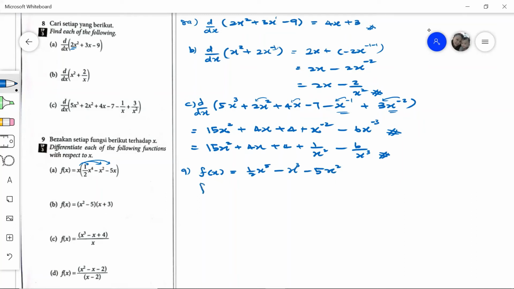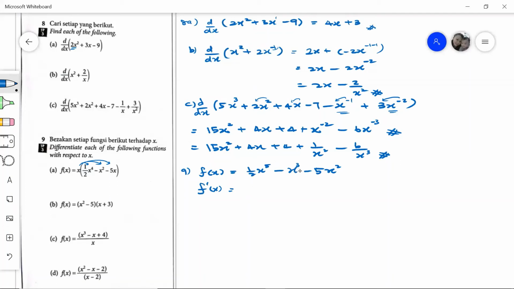Then only we differentiate it. Now, this is another notation for differentiation. If the function given is f, f prime means differentiate the function with respect to x. The moment we write f prime, that means we are doing the differentiation.